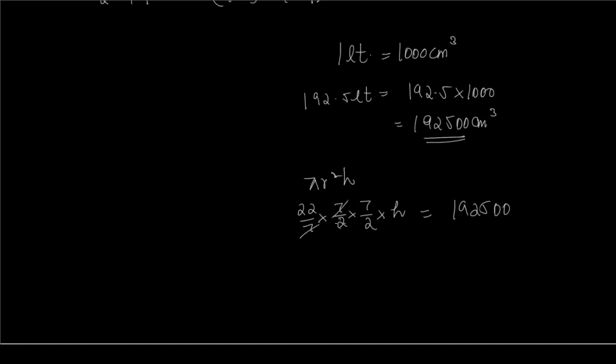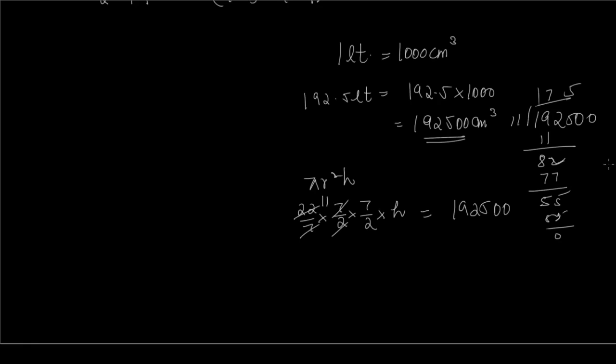192,500. So here 7 7 cancel, 2 11 cancel. This will go here, and I think this 192500 can get cancelled with 11. Let me just confirm. 11 sevens are 77, and then 77, 80, 81, 82, so it can get cancelled. So 17500.